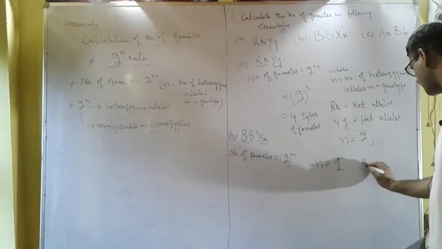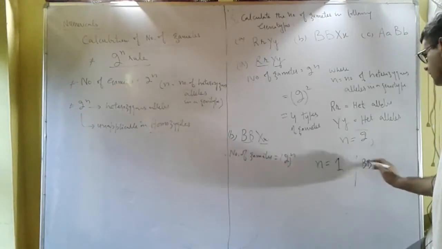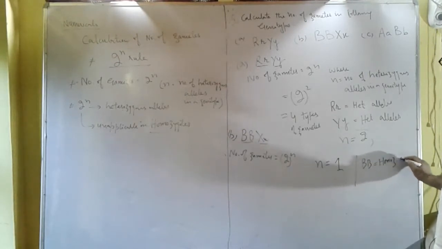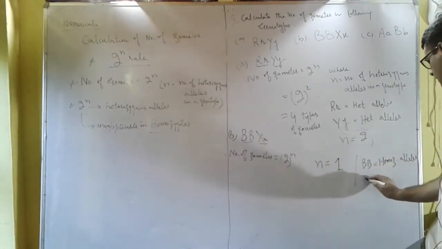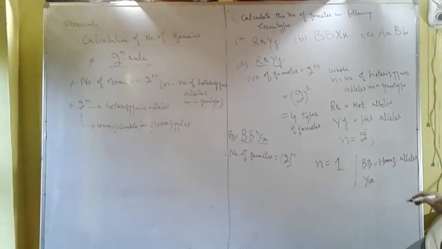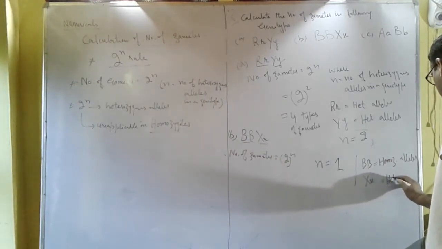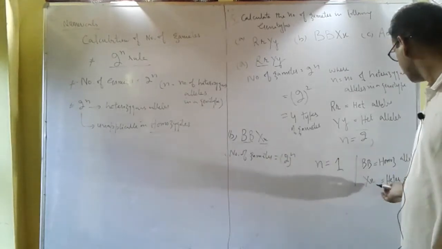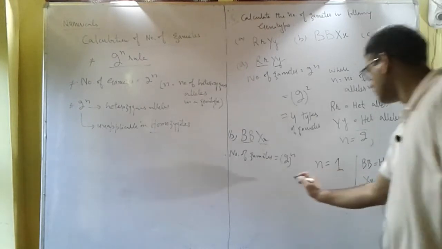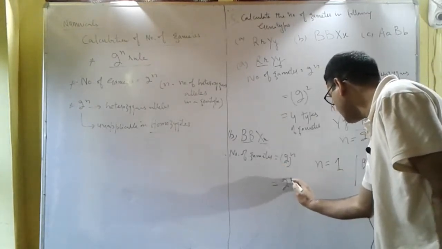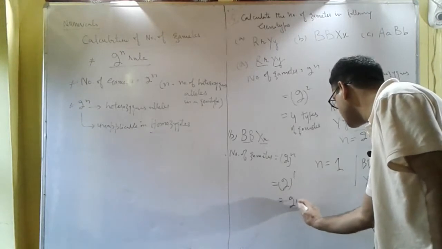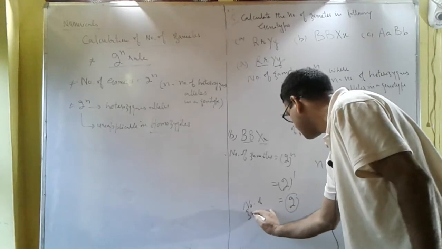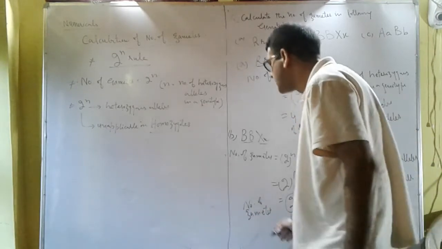BB is a homozygous allele, and capital X, small x is a heterozygous allele. So n is 1. Number of gametes is 2 raised to the power 1. So only 2 types of gametes are formed. Same is the case we have here.